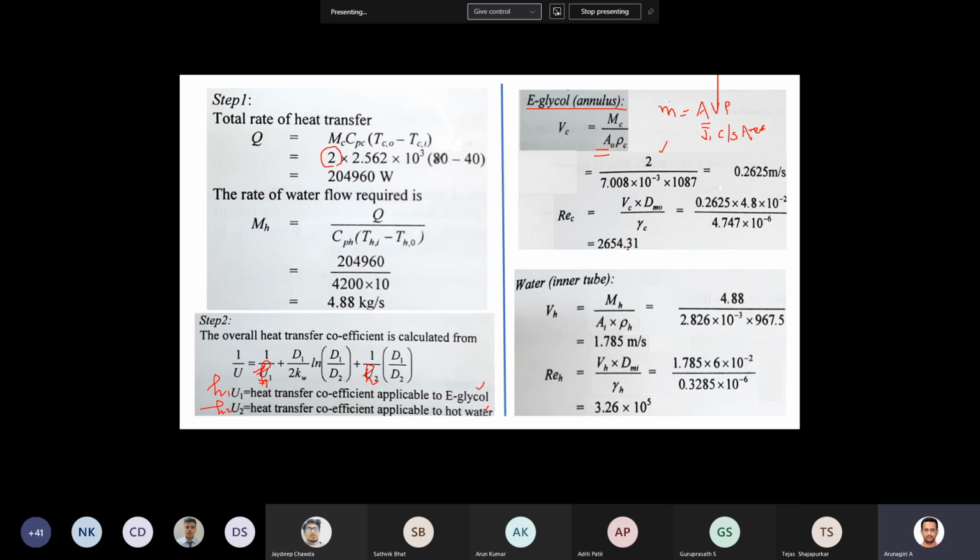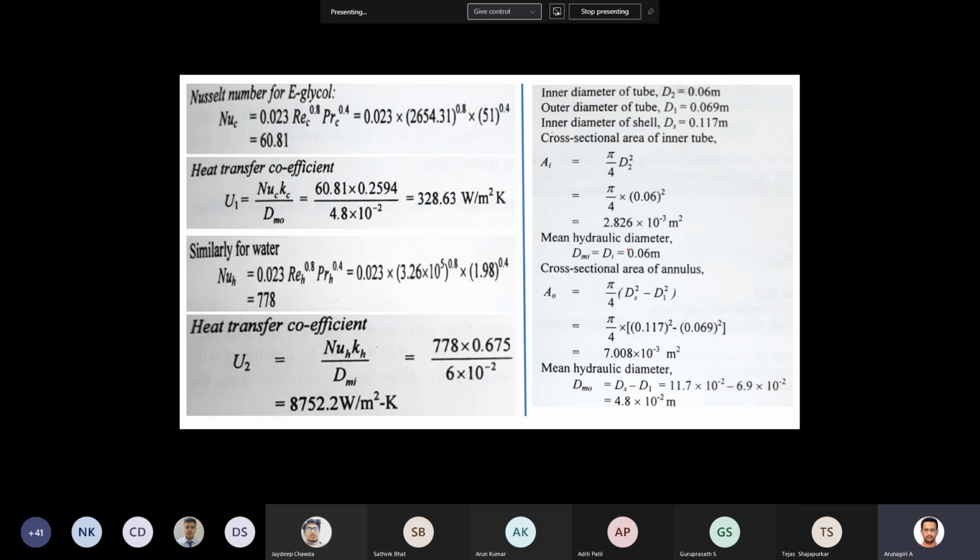So this area is 7 into 10 power minus 3. You can calculate this. This is the annular area, the cross sectional area of the annulus, that is pi by 4 into Ds square minus d1 square. So pi by 4 into this is the bore diameter, that is the outer pipe, and this is the OD of the inner pipe.